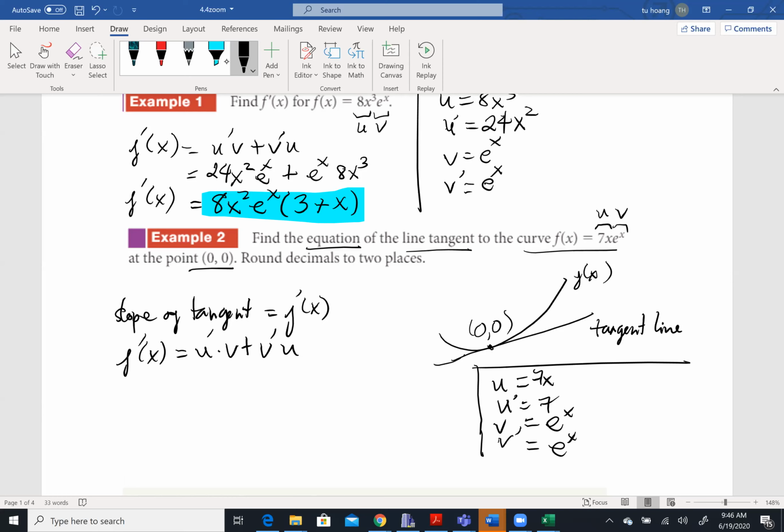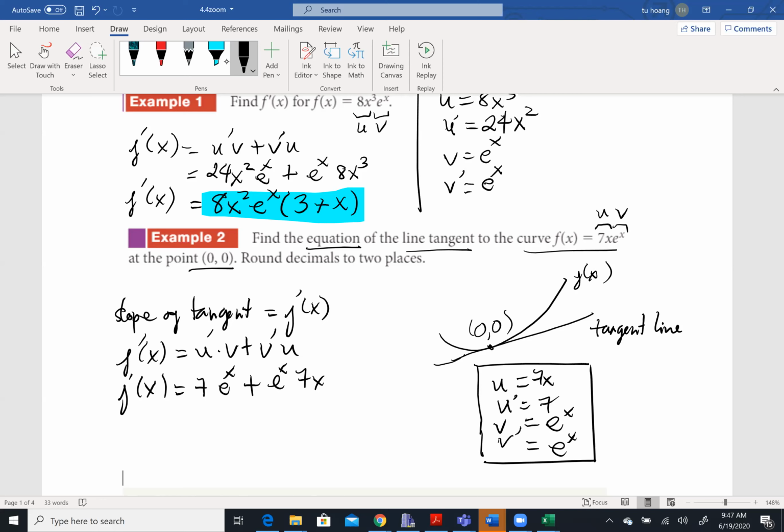So now I'm going to apply this into the derivative of f(x). I will have f prime of x equal to u prime, 7, times v, e to the x, plus v prime, e to the x again, times u, 7x.